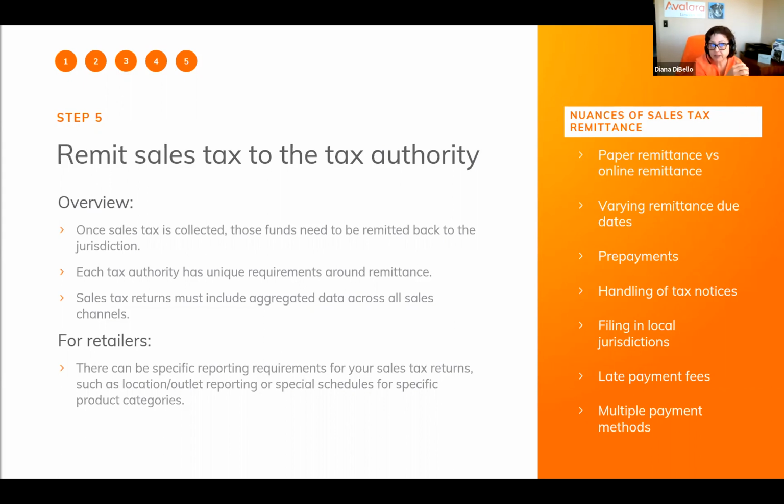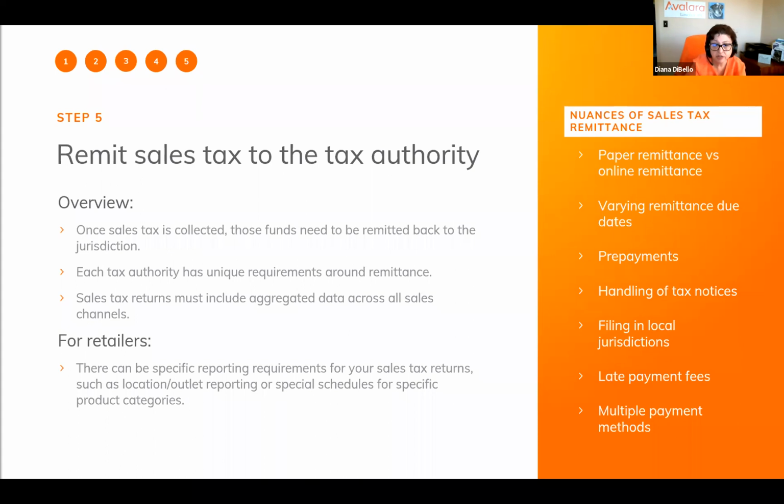And then local filing for home rule states like Colorado, where for a number of the local jurisdictions, you have to file a separate return directly with that jurisdiction. Alabama, Louisiana, there are a number of states, just a handful, that require that local home rule filing. And then we talked about aggregating all of that information across all your systems.